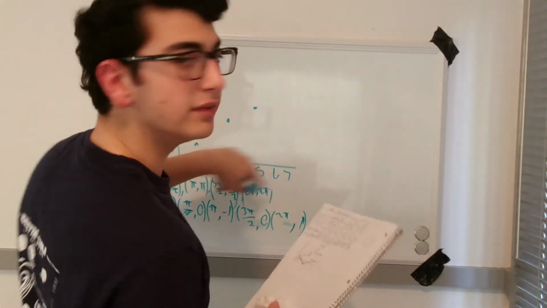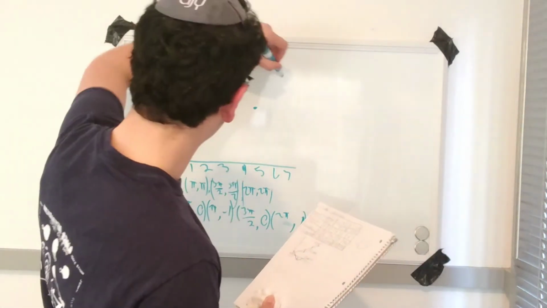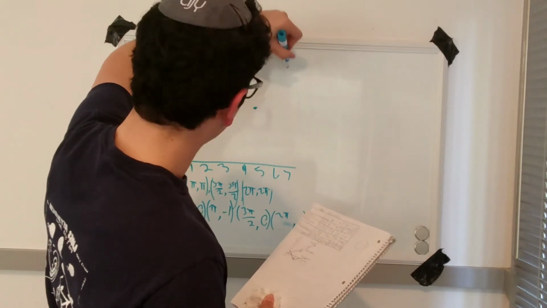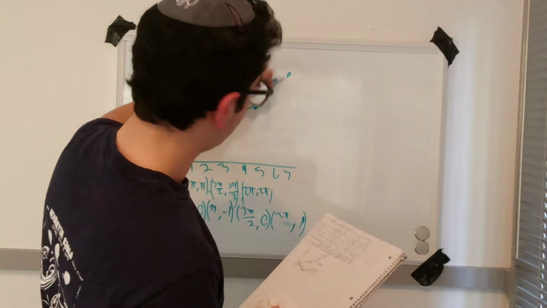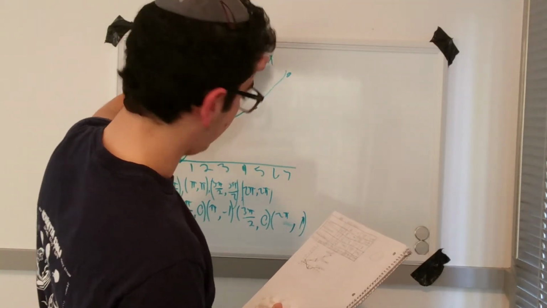I tried to make this even, but it's not actually. And then we have 2 pi, which is just over here. Okay. So this is f of x is equal to x.